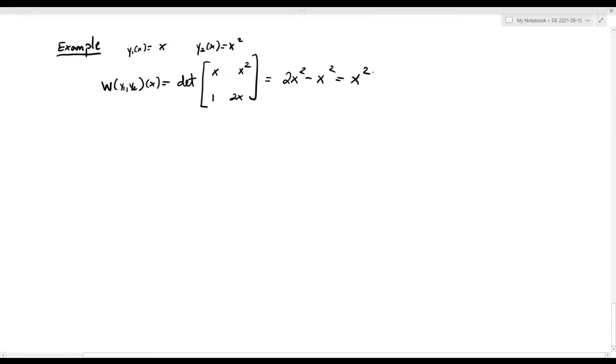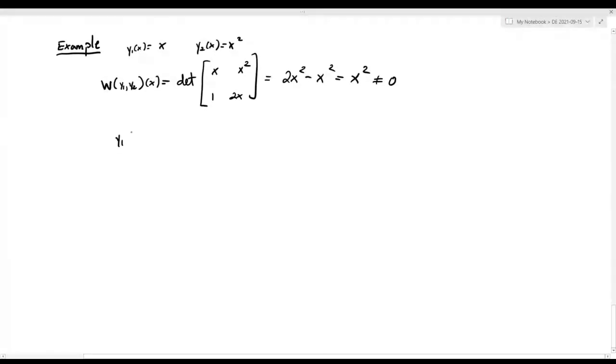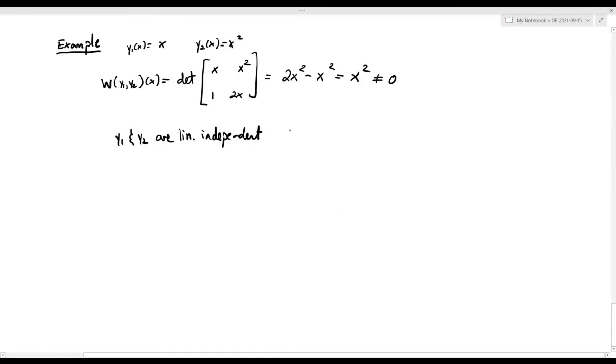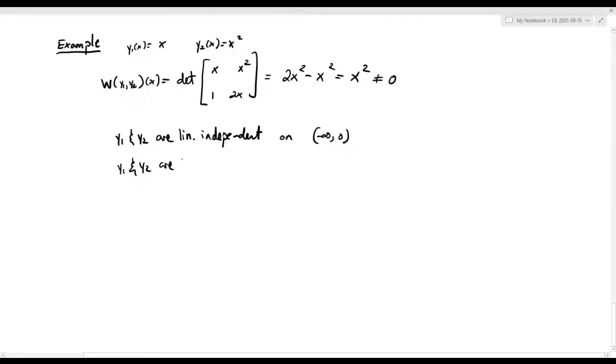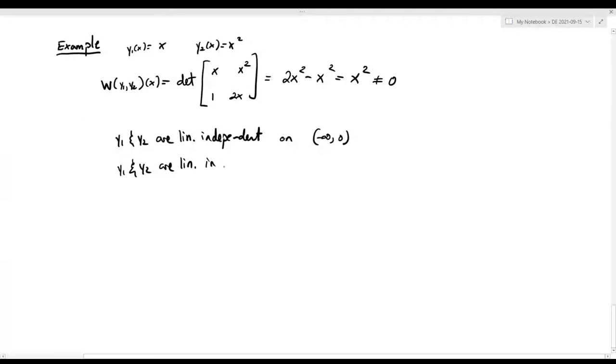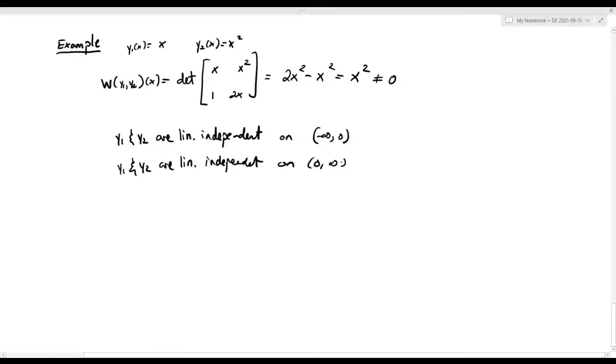Okay. And you see that this is not zero as long as x is not zero. So we say that y1 and y2 are linearly independent on the interval from -infinity to 0, and on 0 to infinity.